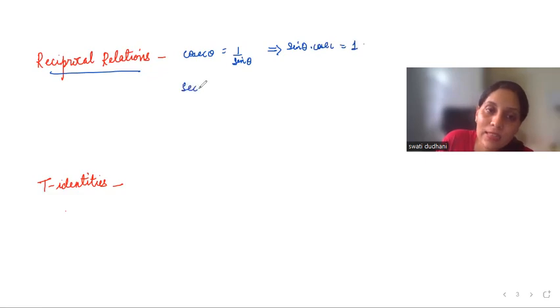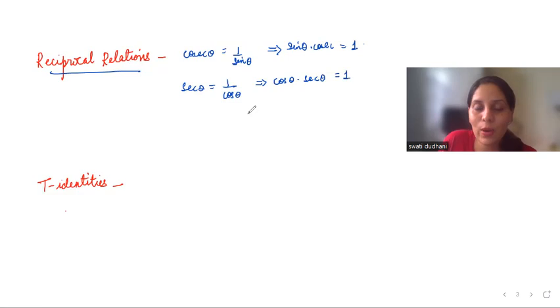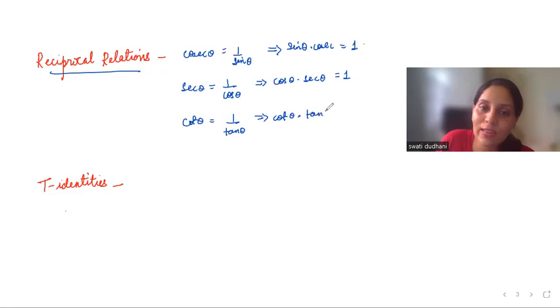Next, secant theta is the reciprocal of cos theta, which can be written as cos theta into secant theta is 1. Same, cot theta is equal to 1 by tan theta, the reciprocal of tan theta, which means cot theta into tan theta is equal to 1.